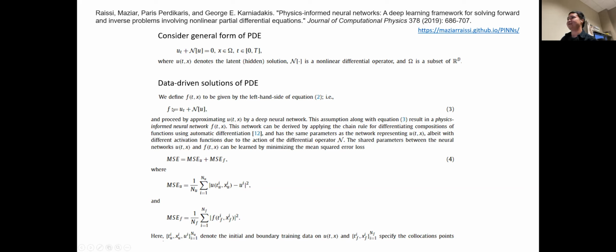So we define a neural network equal to the residual of this equation. Here we move the 0 to the left-hand side and we get the residual. So the loss function is like this.